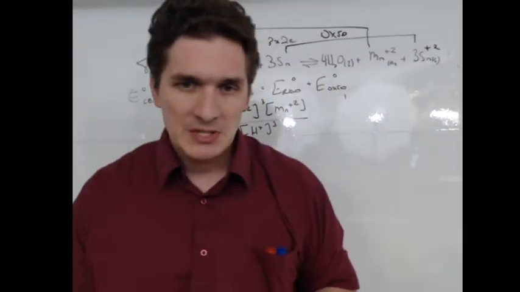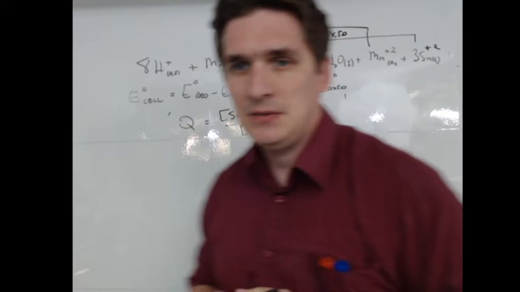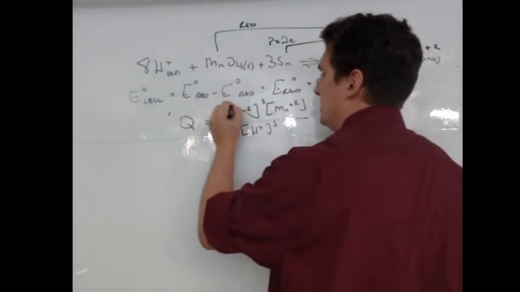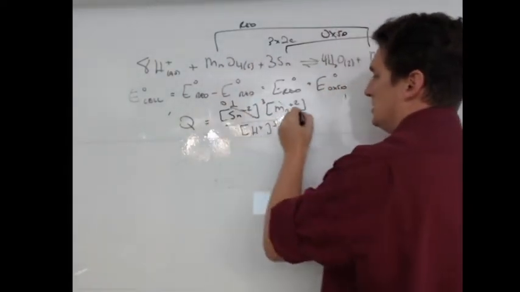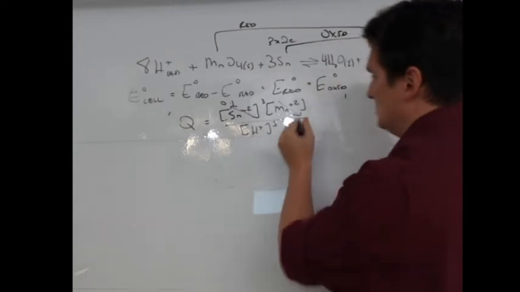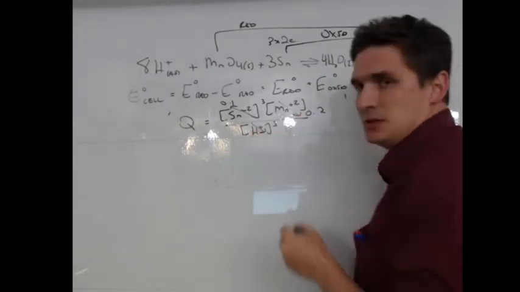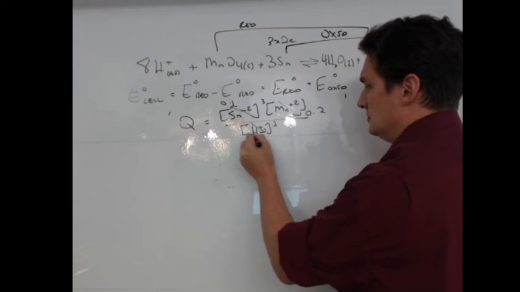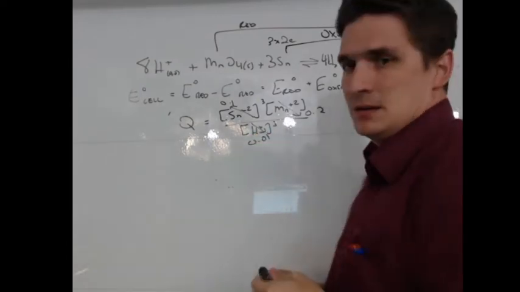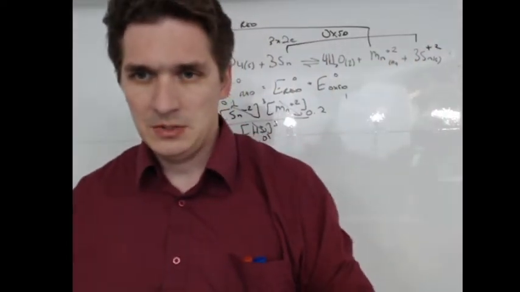In the problem statement, you're given the concentration of tin plus 2 is 0.1, the concentration of manganese as 0.2, and the concentration of H plus is 0.01. So bring up Excel really quick.